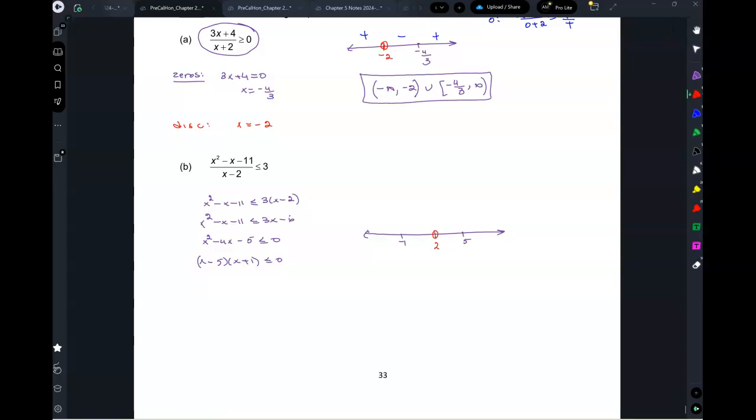Okay, now, to plug in your values, you cannot plug it in to any step where your denominator has disappeared, because you've gotten rid of a discontinuity and a vertical asymptote. So it has to be the step before. However, remember, you're always going to have to compare to 0. So bring the 3 to this side. So I get x squared minus x minus 11 over x minus 2 minus 3 less than or equal to 0.